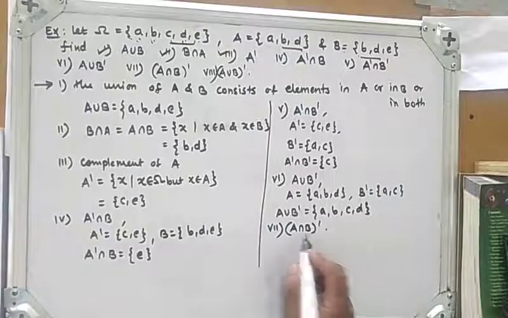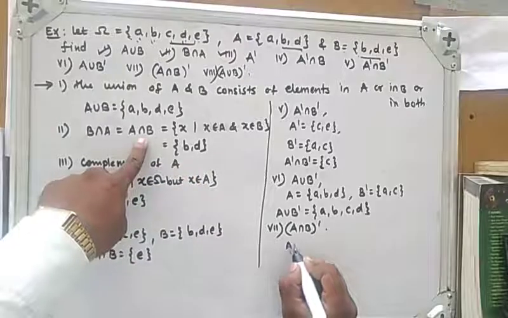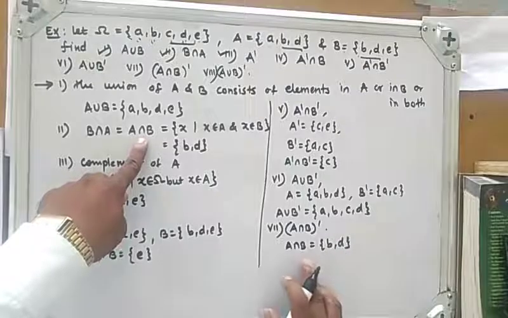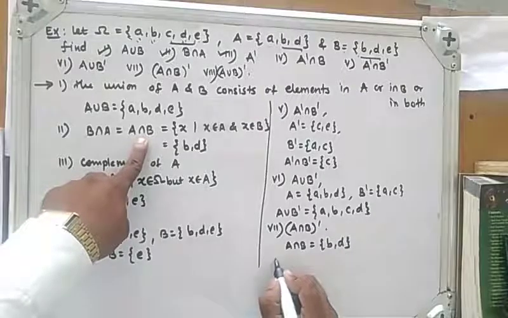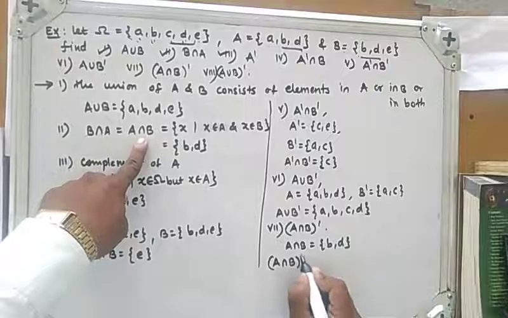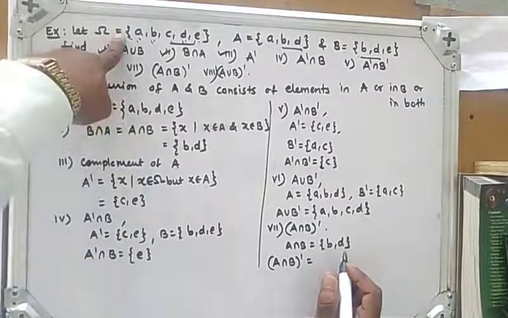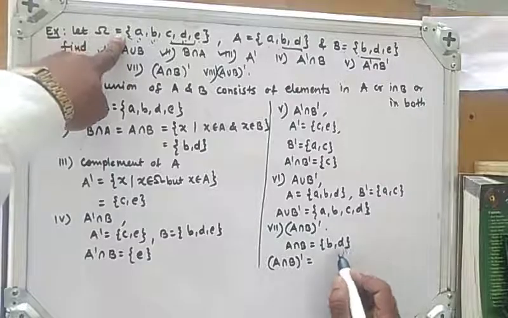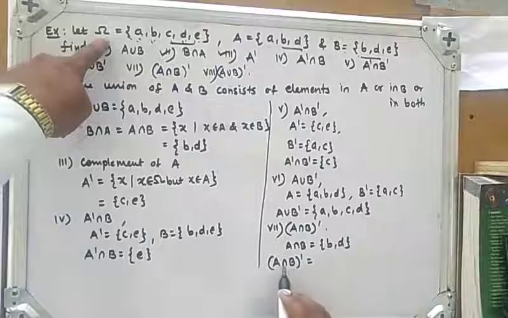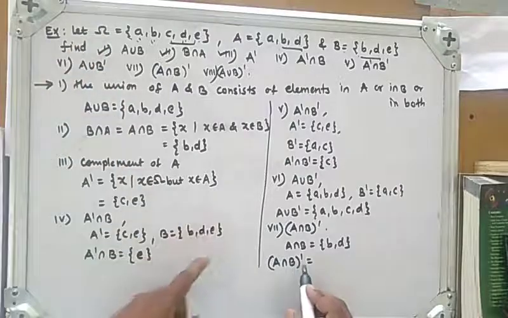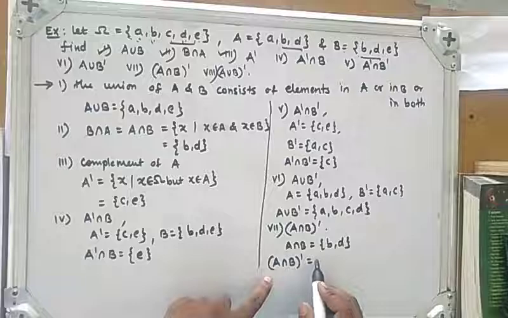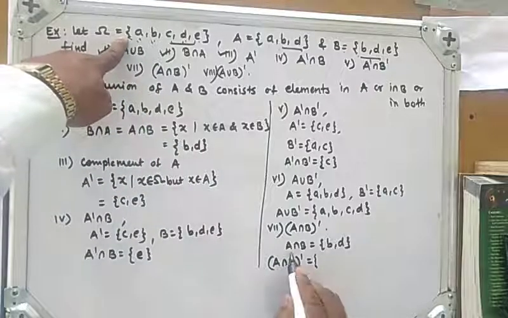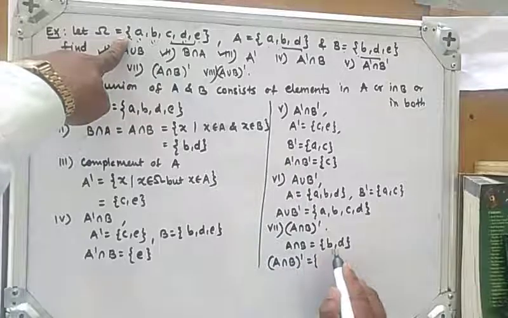So we have A intersection B. A intersection B has elements B and D. Then we know that A intersection B complement is the set of all points which belong to omega but which do not belong to A intersection B. Means what?